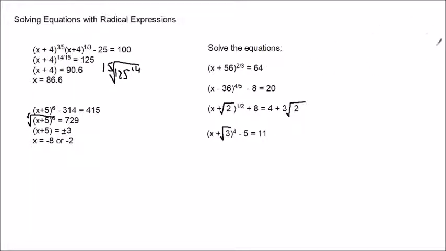So we're going to solve these equations by ourselves, okay? X plus 56 to the 2/3 equals 64. In order to make this 2/3 become 1, you have to multiply by 3/2. You also have to multiply the other side by 3/2, so you get 64 to the 3/2.